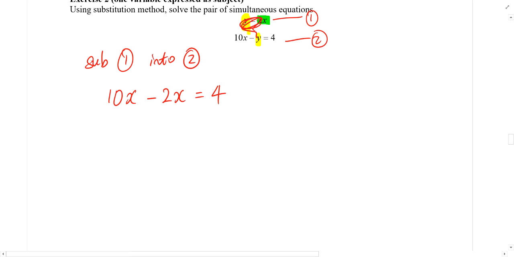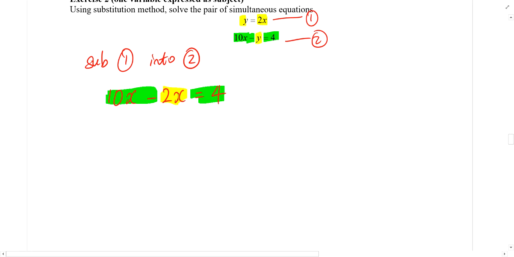Okay, do you see that I've substituted equation 1 into equation number 2? So this part, all the same. And this y over here is this. Can you see the substitution?